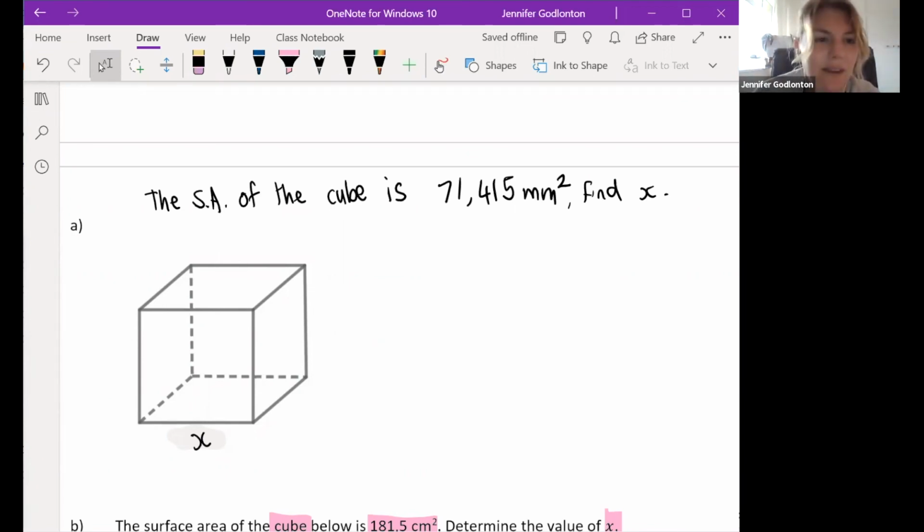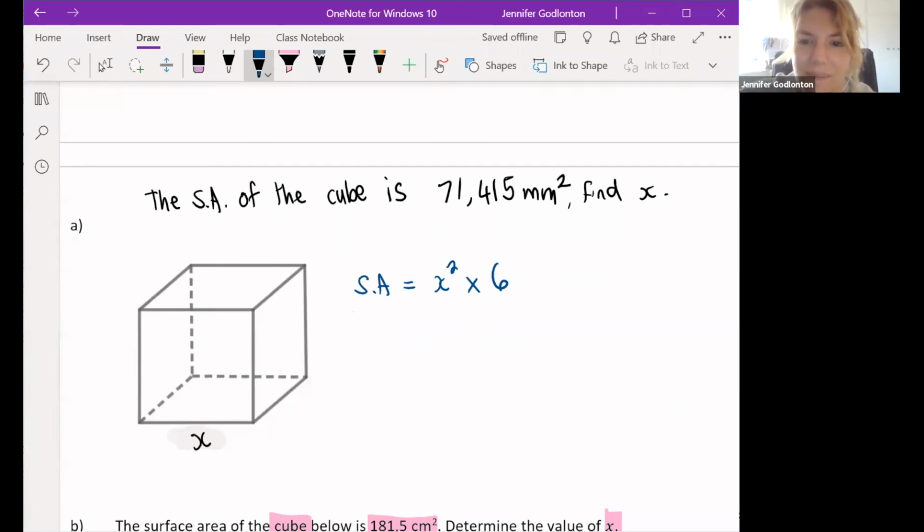Okay. Sunday, do you think you can help me figure out this value of x? Yes, ma'am, I think so. Okay, tell me what to write. You say SA equals x squared times 6. Good.